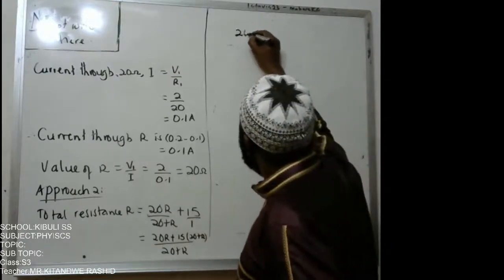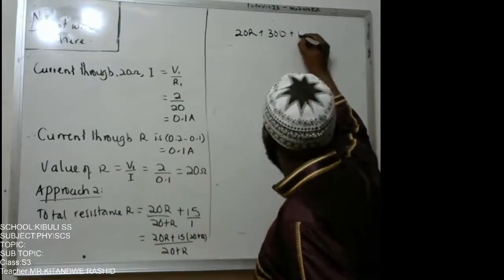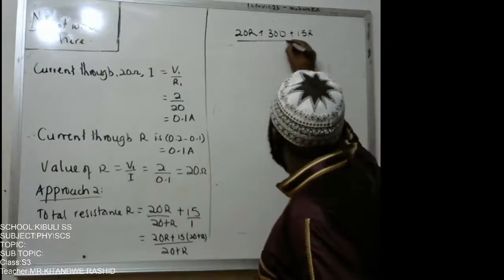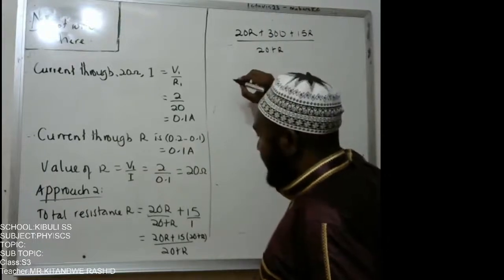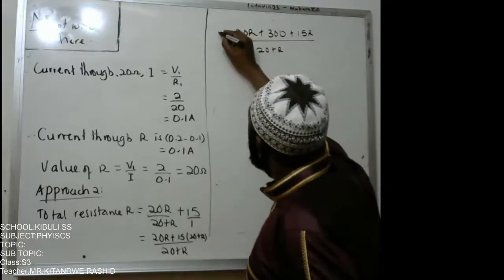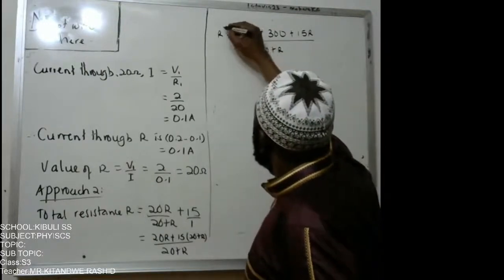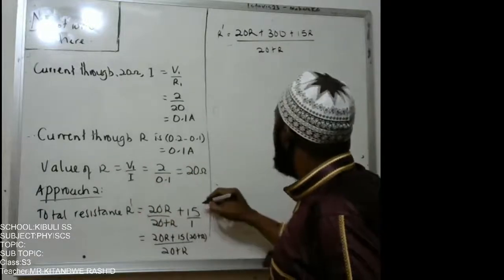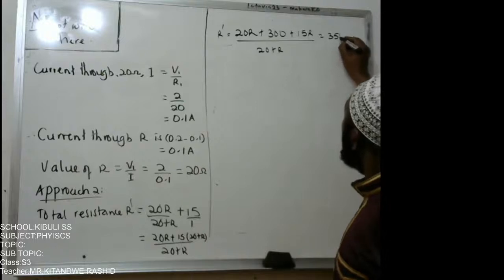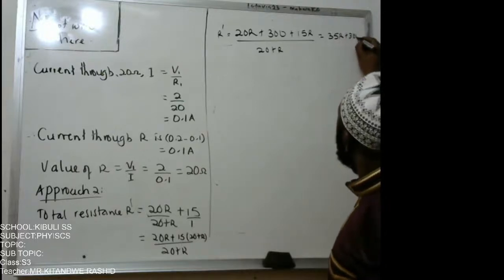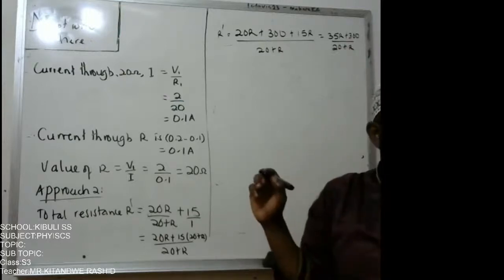We have 20R plus 300 plus 15R over 20 plus R, which will give us the total resistance R. By the way, total resistance, we call it different from this R. So this is now going to be 35R plus 300 divided by 20 plus R. That is the total resistance of the circuit.